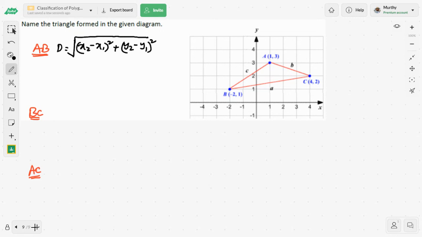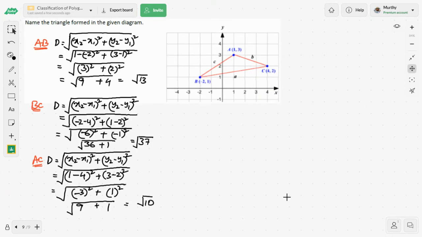I'll give you a few minutes to work on this and compute, and then let's classify. I'll show you the answers, so please keep your answers ready. Show all of your working on a piece of paper, and at the end you can compare your answers. So what are the lengths of AB, BC, and AC? You can compare with my answer whether it matches or not. Okay, your time starts now.